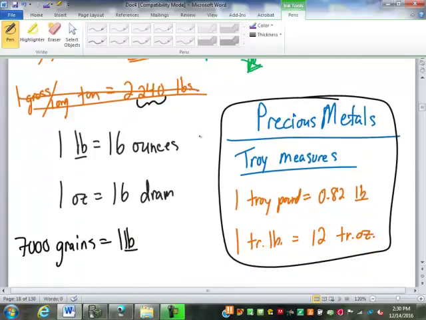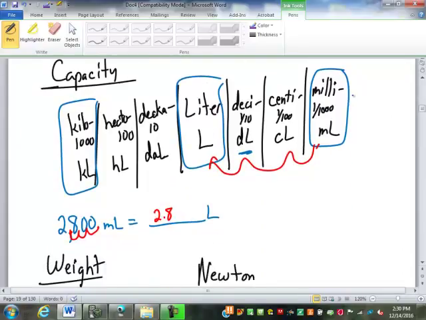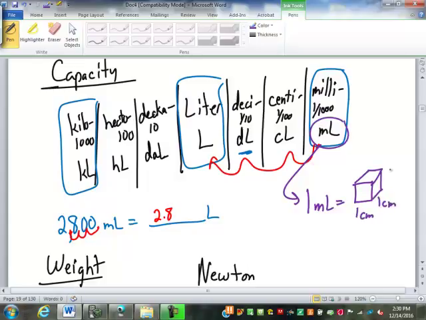Not really good conversions. But if I look here, a milliliter is defined to be a cube that is 1 centimeter by 1 centimeter by 1 centimeter. In other words, 1 milliliter equals 1 centimeter cubed.